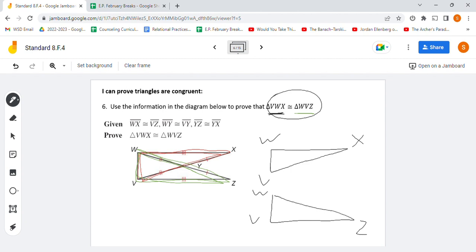Now I can get some of that information from the markings that are here that come from this information right there. We can see that this and this are congruent, and this are congruent. And so these two congruent markings make up this side. That would be VX right there.